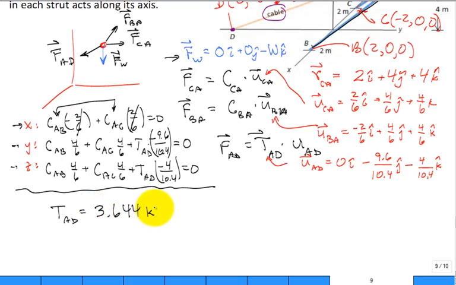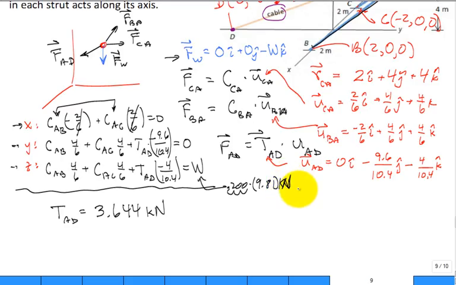The tension in the member A to D will come in at 3.644 kilonewton. Oh, I forgot. I have the weight here. Without the weight, there isn't much happening, and we calculate that weight, which is the product of 200 times 9.81. If you wanted to, you could just move this over to 0.2 and put a kilonewton right there.